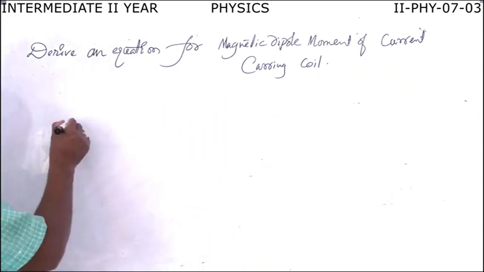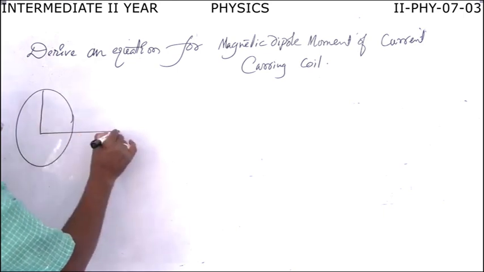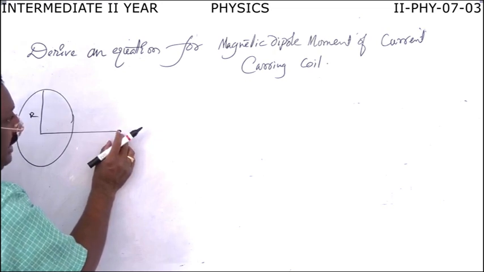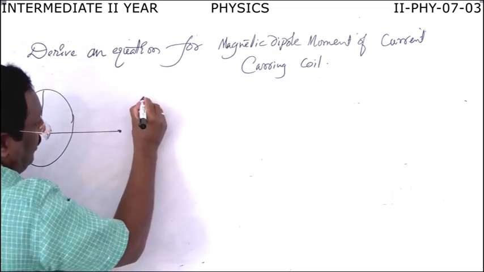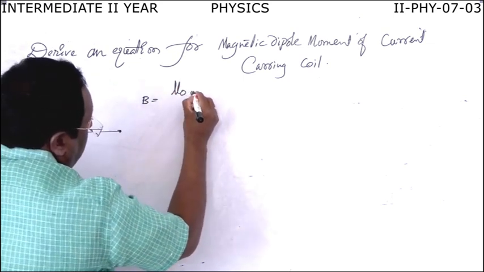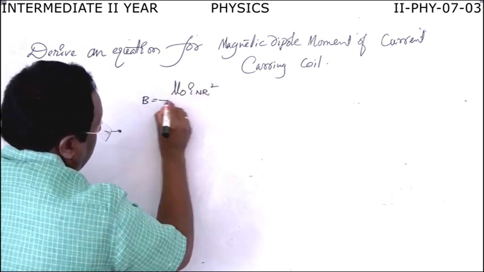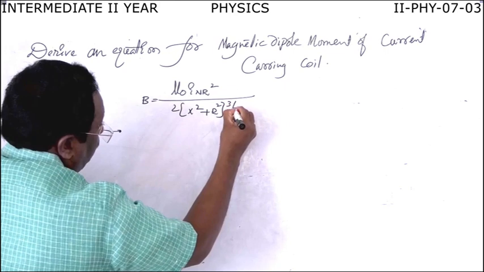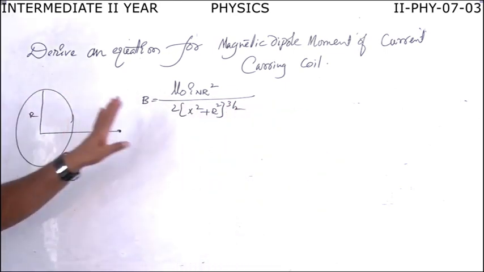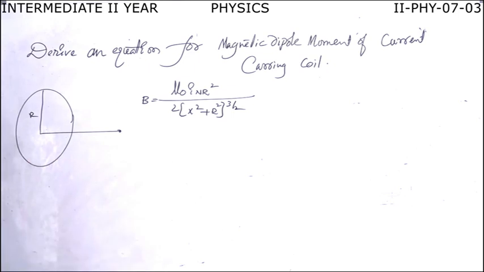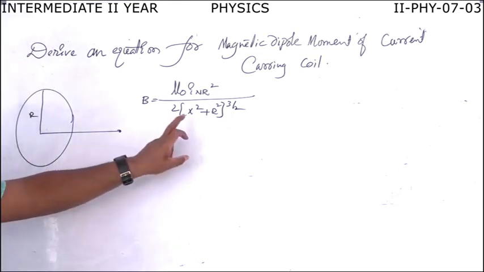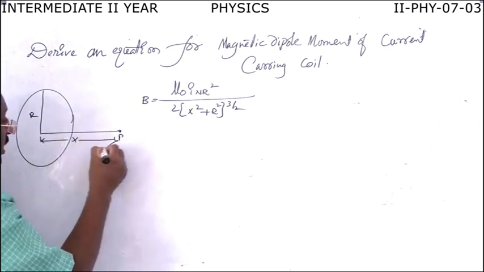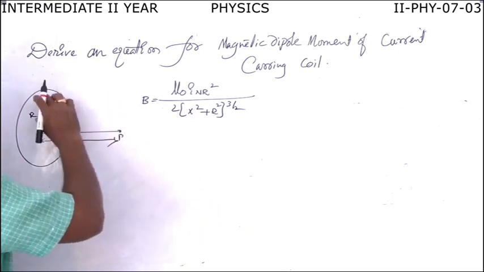Already we derived an equation for the magnetic field at a point on the axis of the current carrying coil: B is equal to mu naught I N R square by 2 into (x square plus R square) whole to the power of 3 by 2. Here x is the distance of the point where we are calculating the magnetic field, and capital R is the radius of the coil.